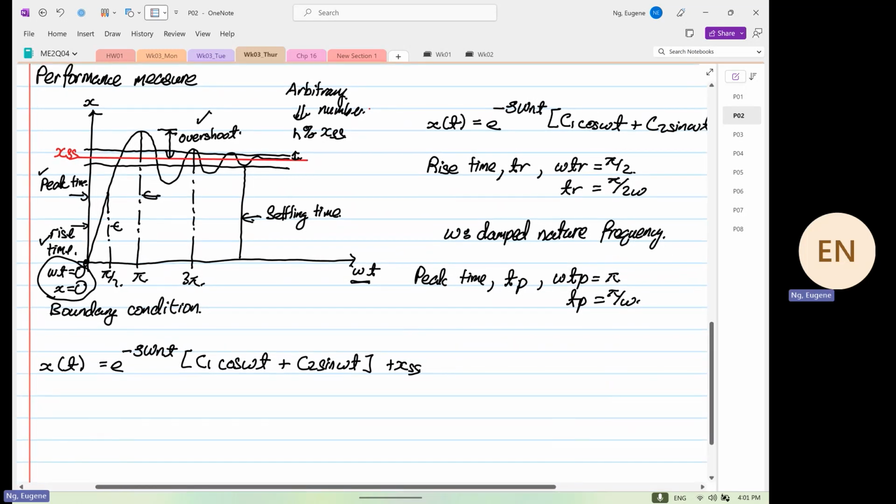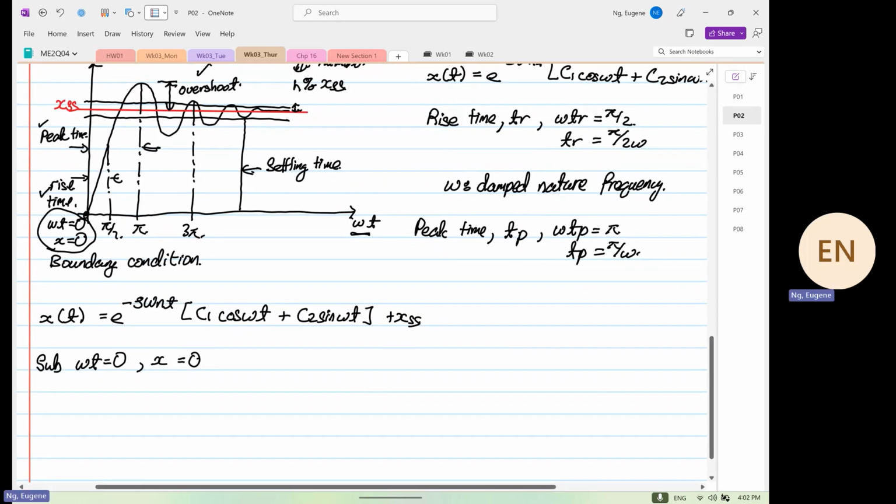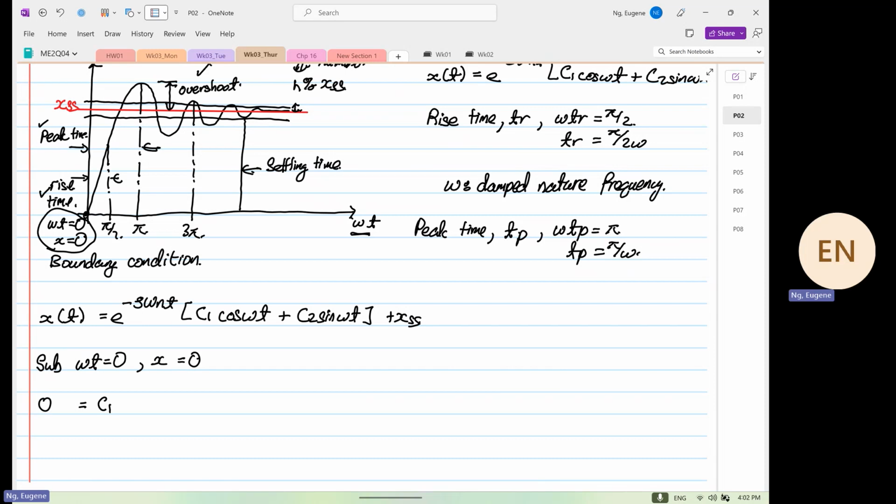We're going to substitute omega t equal to 0, x is also equal to 0. So from here, we know that this is 0, this is equal to 1. So you have C1 cos 0, which is 1, plus 0, plus x_ss. So we now know that C1 is equal to minus x_ss.